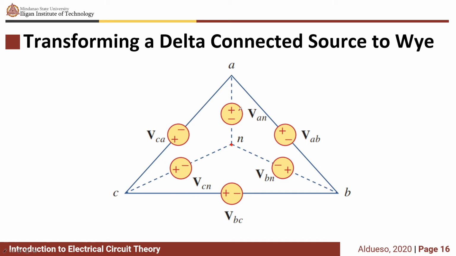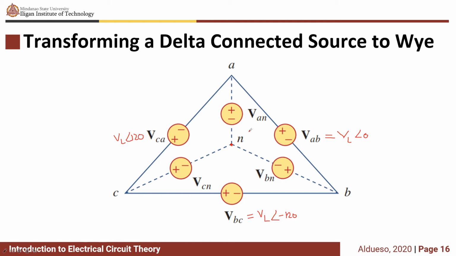Its relationship is the same as the line voltage of a Y connected source. So let VAB have magnitude VL angle 0. Let's consider a positive sequence: VL angle negative 120, and then this is VL angle 120.